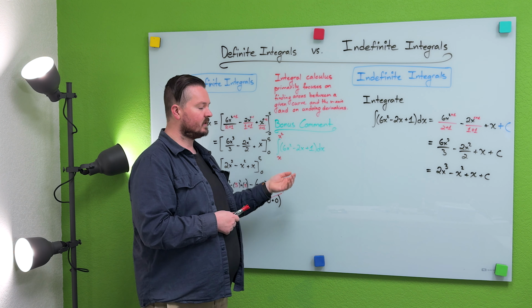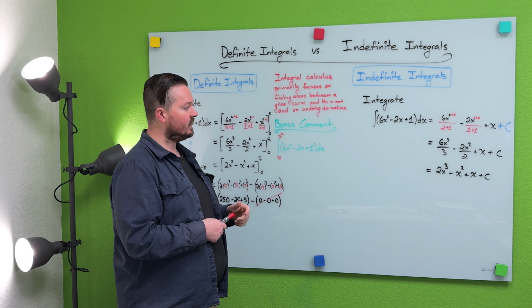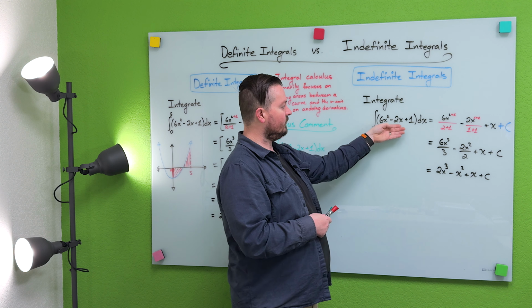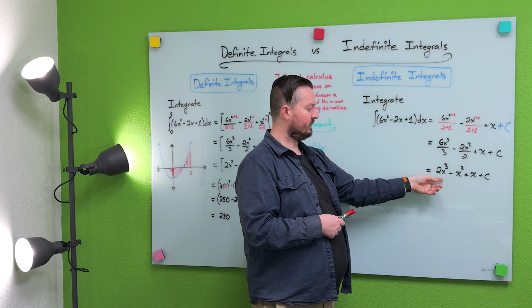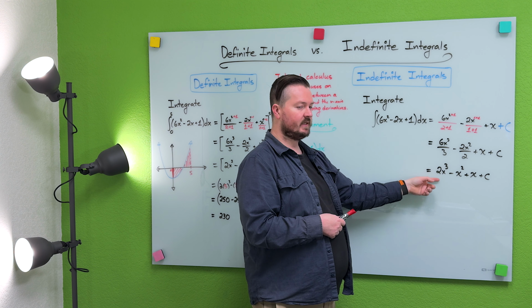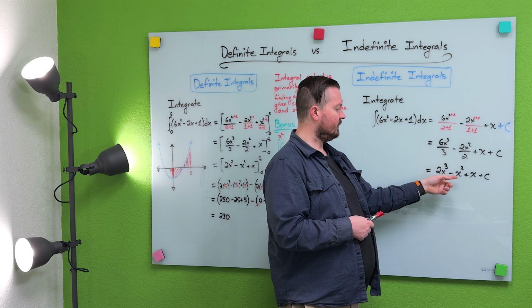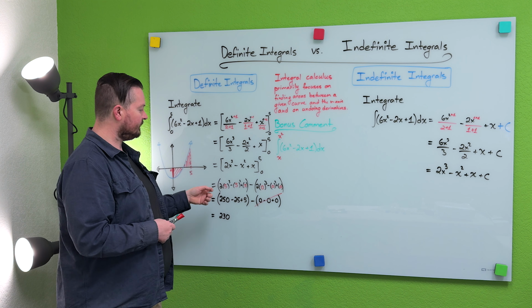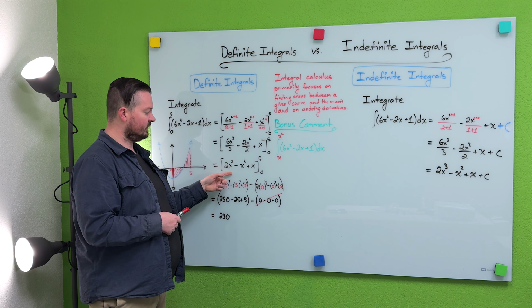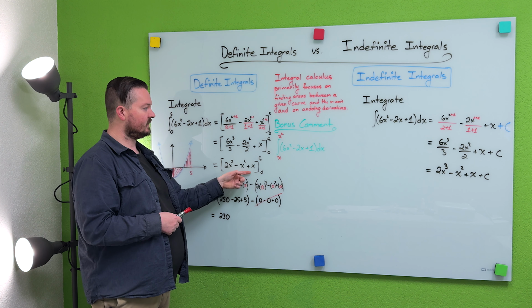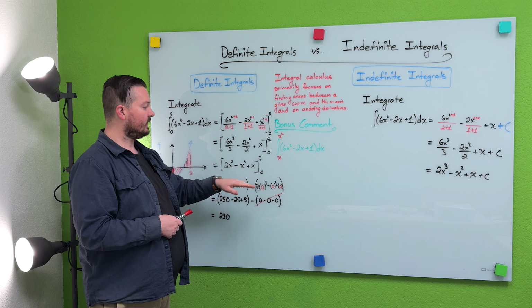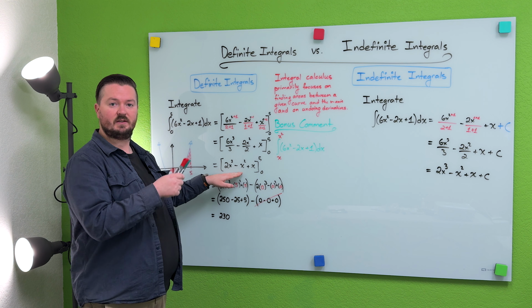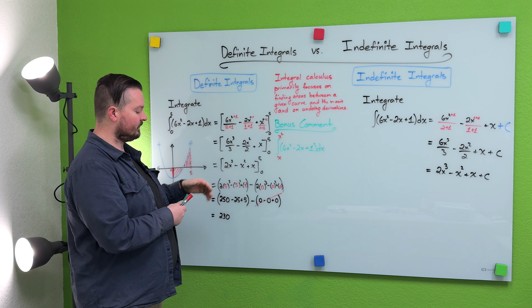Here, because this is a bonus comment, I'm going to make this one fast. You notice here, we jumped straight to our antiderivative. We have 2x cubed minus x squared plus x. We saw the same one over here, 2x cubed minus x squared plus x. We're going to jump straight to this antiderivative since we've already done this work twice.